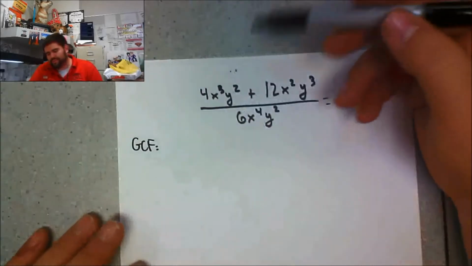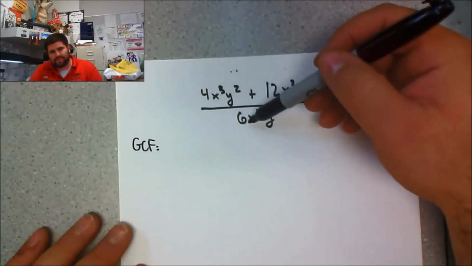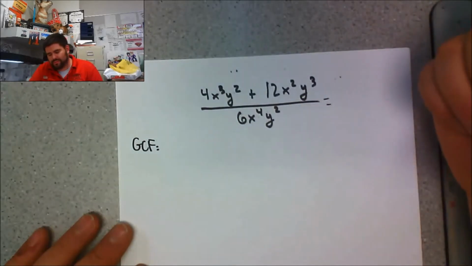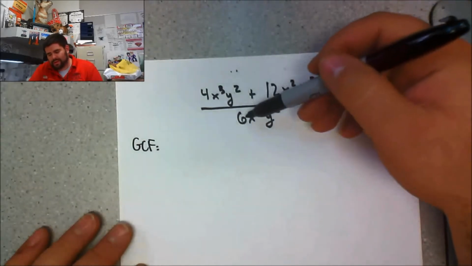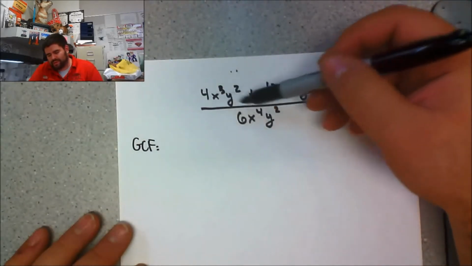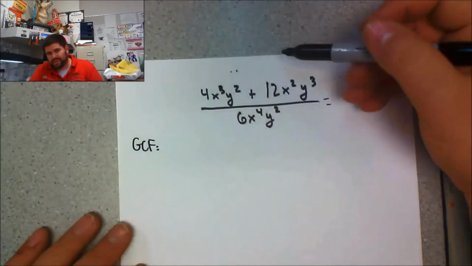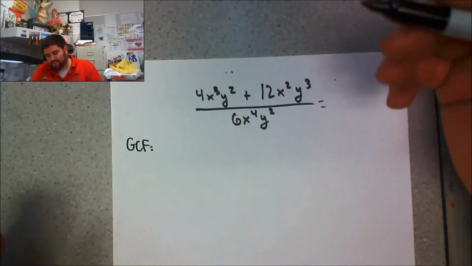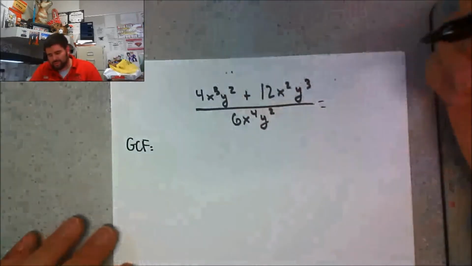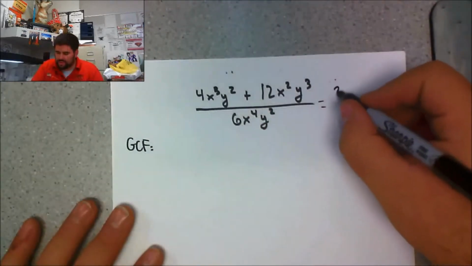You would think it would be 4, but 4 does not go into 6. You'd think it'd be 3, but 3 doesn't go into 4 either. So really the only one we have is 2. 2 goes into 4, it goes into 12, it goes into 6.